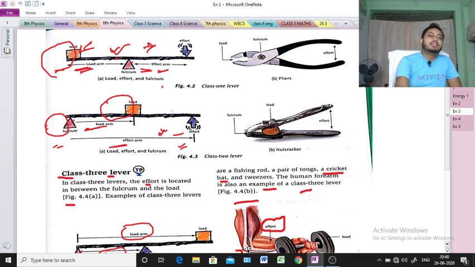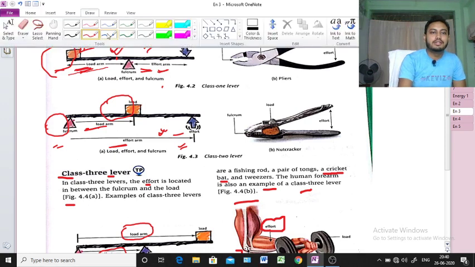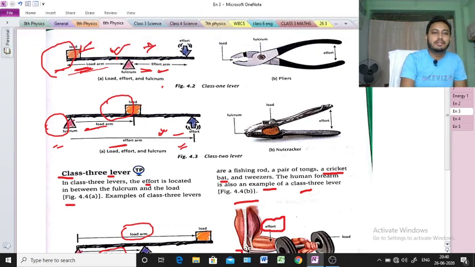One thing you can see in the class 1 lever: this one is the length of the load arm, and this one is the length of the effort arm.